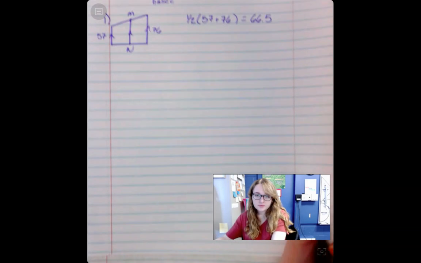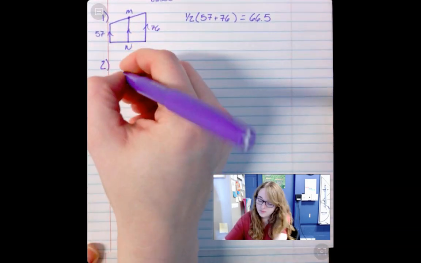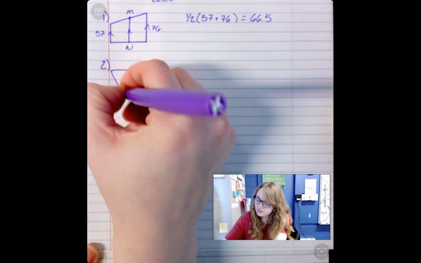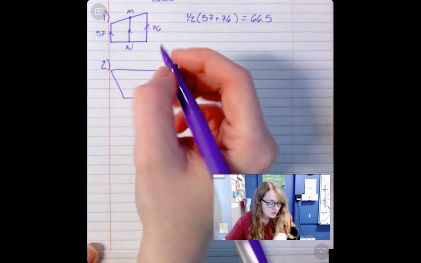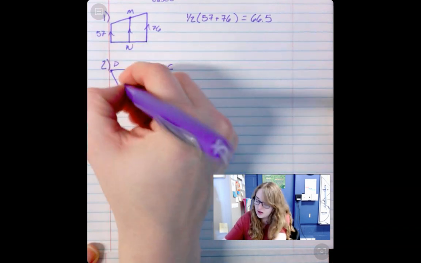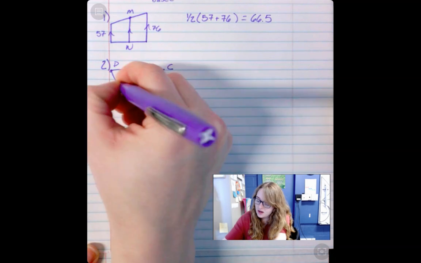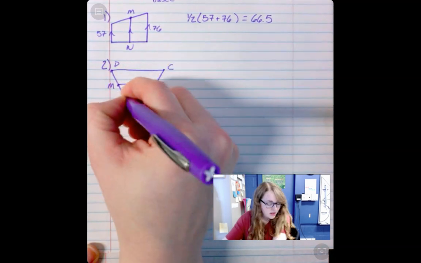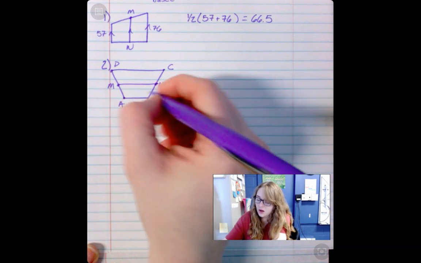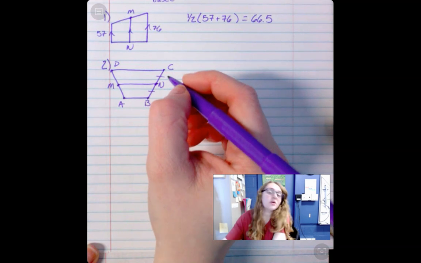Okay. Now let's do one that's kind of in a different order here. So we have point D, point C, our mid-segment MN, and then A and B. We know that N is a midpoint of CB because both halves have tick marks on it.